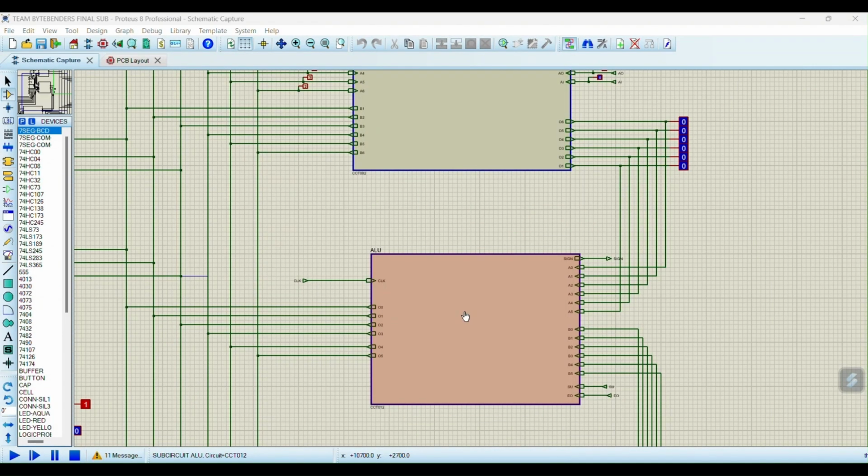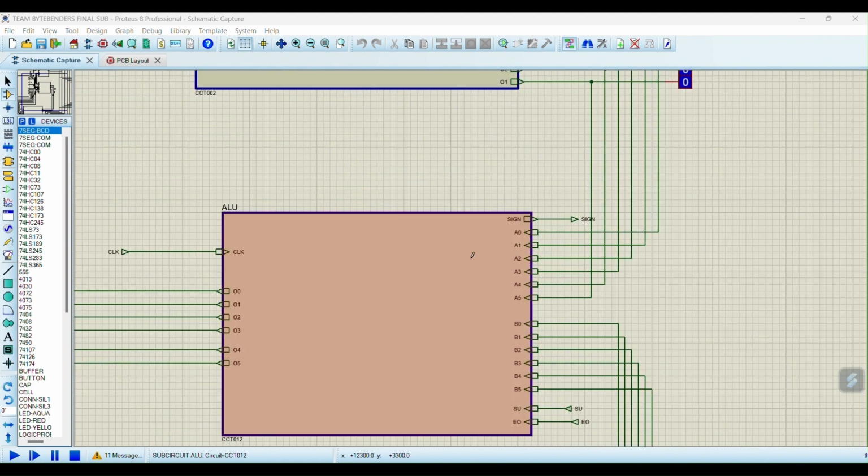Now let us discuss the ALU. The ALU, or Arithmetic Logic Unit, is the heart of the SAP-1 computer. It is responsible for performing all the mathematical and logical operations that a computer needs to carry out. The ALU is capable of 6-bit addition and subtraction. In the parent sheet of our ALU, we can see that the 6-bit input number A is coming from the accumulator and another 6-bit input number B is coming from the B register.